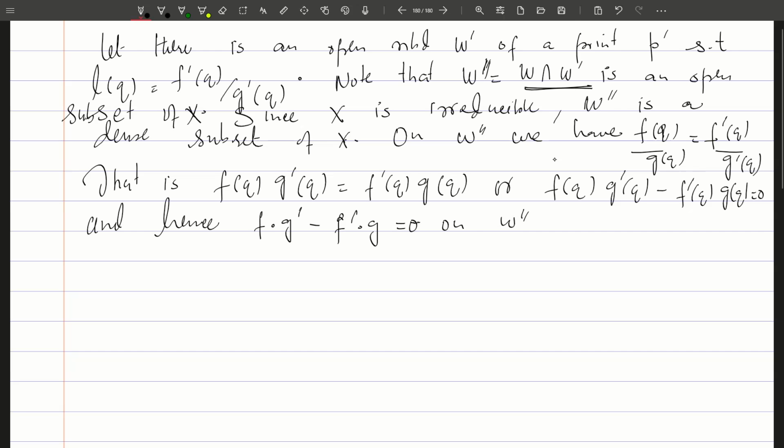Now W double prime being dense in X, if F times G prime minus F prime times G is 0 on W double prime, it is 0 on X as well.